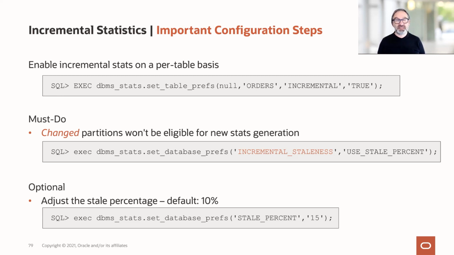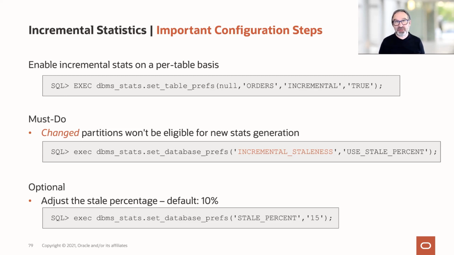So the stats need to be recollected or regathered. With incremental staleness, by default 10%, this existing previous partition could change more than 10% with DML and still be considered okay. And you can even tweak the staleness if you need to.